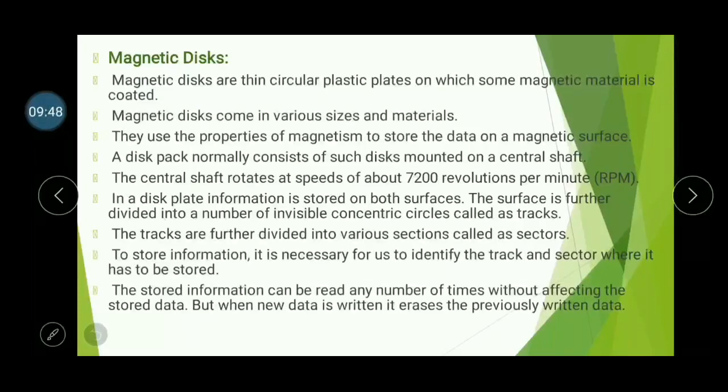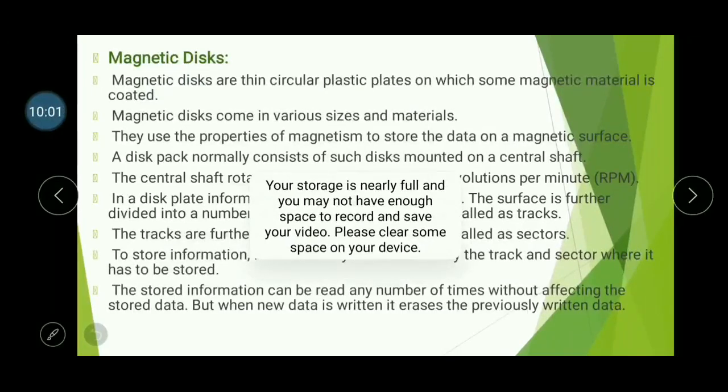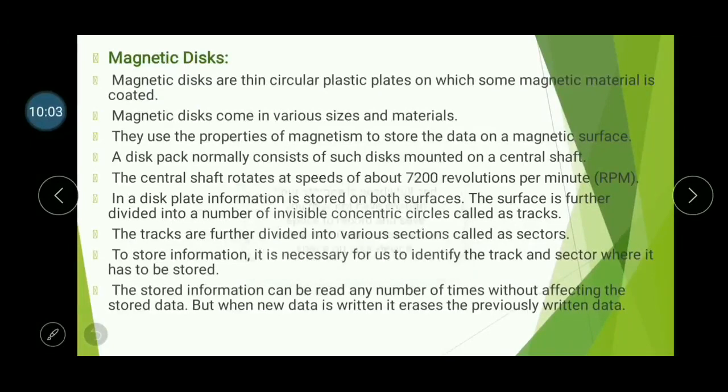In a disk plate, information is stored on both surfaces. The surface is further divided into a number of invisible concentric circles called tracks. The tracks are further divided into various sections called sectors.